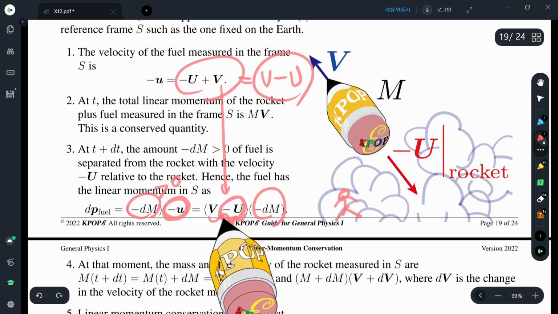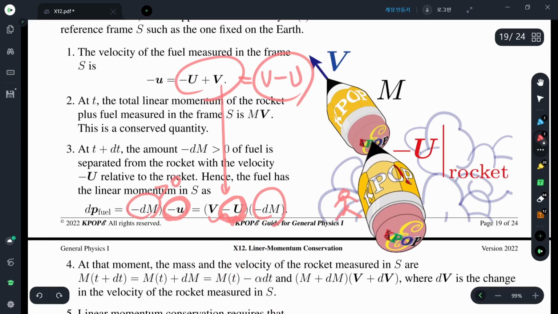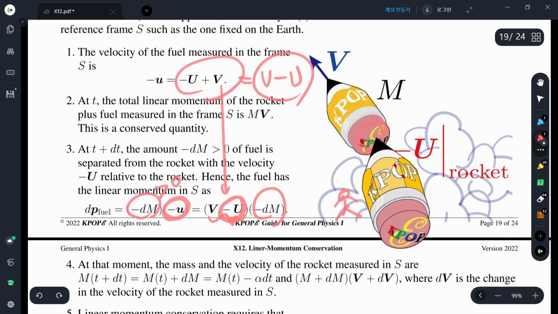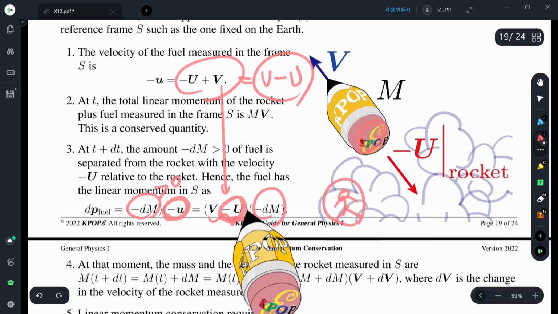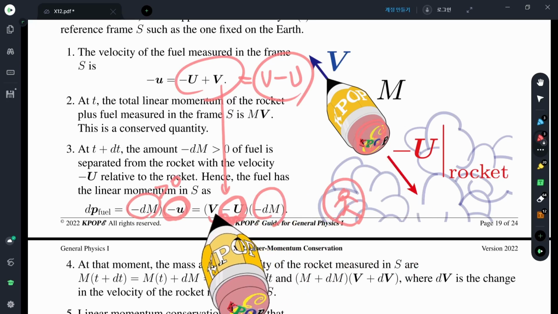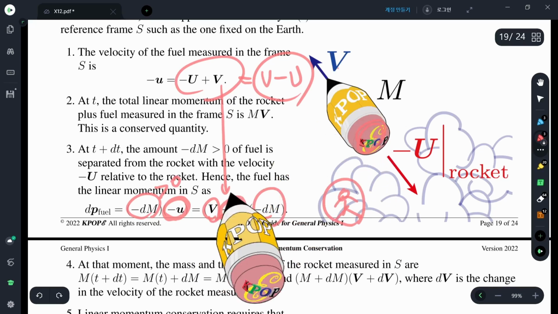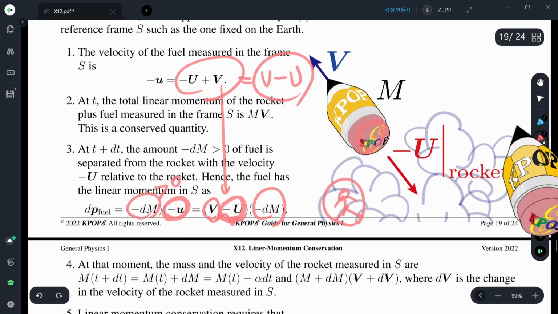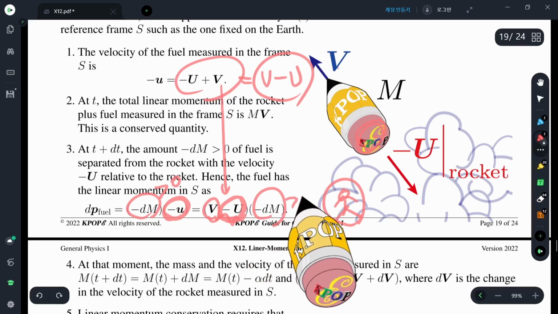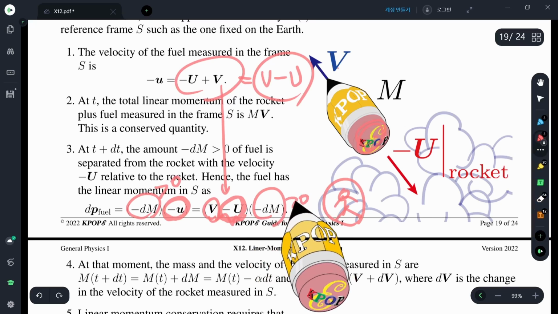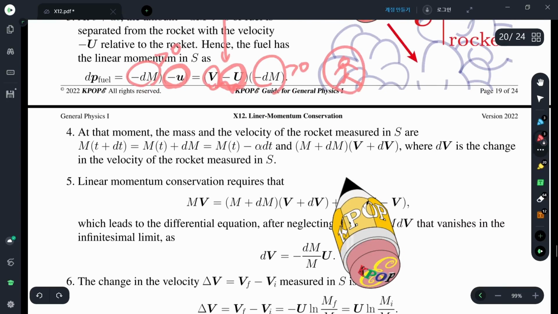Minus capital U is the velocity of the gas measured in the rocket, and if you measure the velocity of the gas, you have to add the velocity of the rocket, capital V. And minus dm is a positive value.